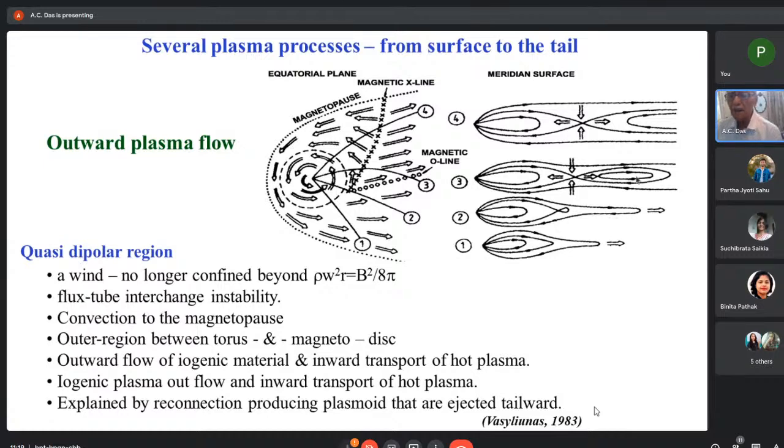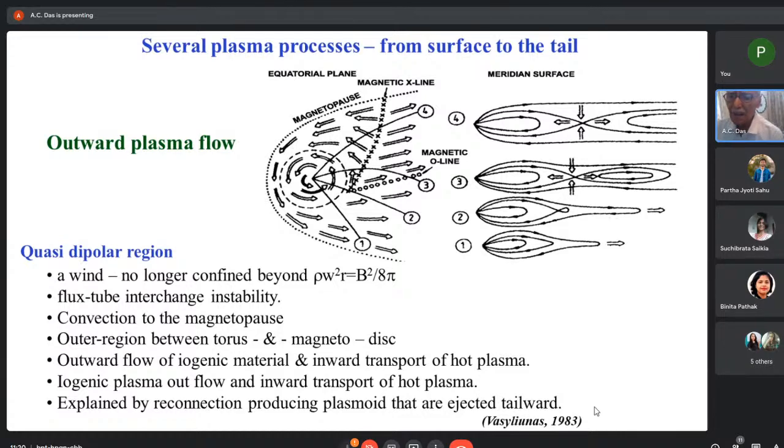There would be another O-type neutral point in the third picture. Then a kind of reconnection is going to take place, and if the reconnection takes place on one side, the plasma island, or magnetic island, or plasmoid, can be detached from the magnetosphere and go away.